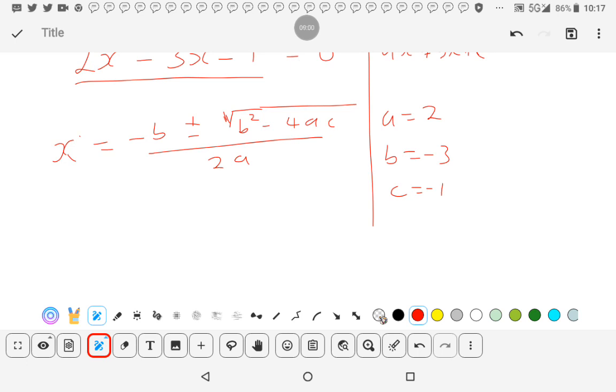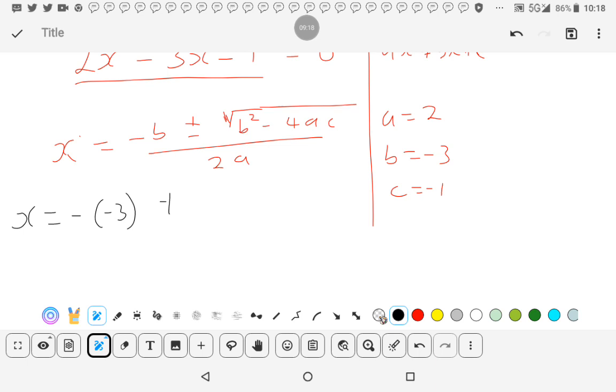By substituting it, x will be equal to minus b, which is minus of minus 3. Take note of the sign of the formula and the sign of the value you're inputting.